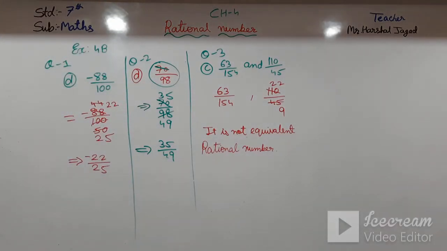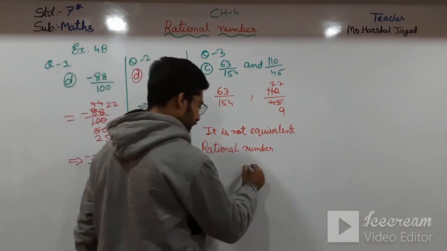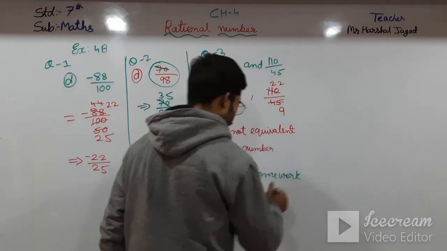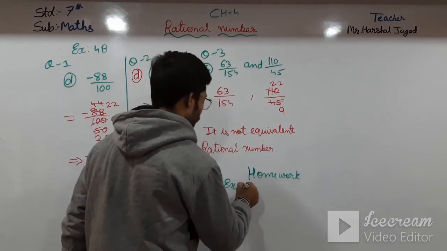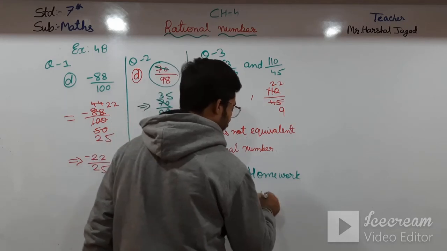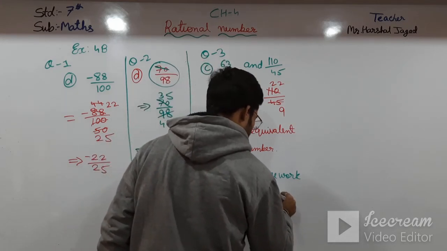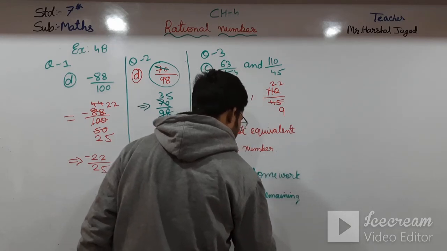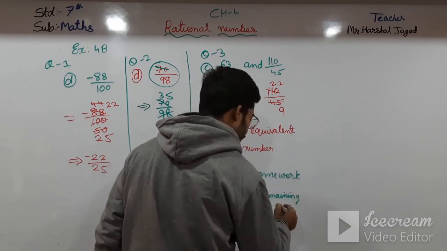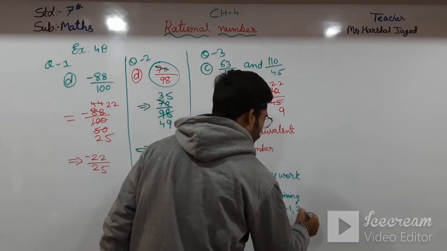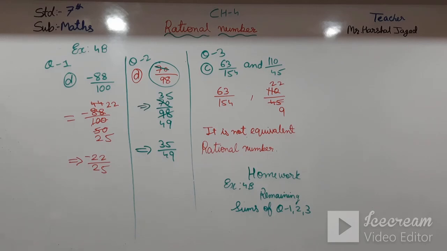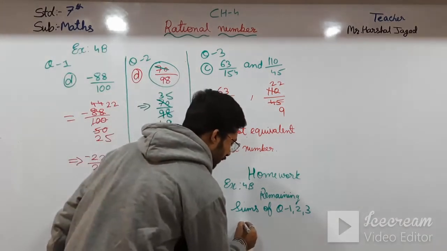Please note down this, and your today's homework is exercise 4b, remaining sums of question 1, 2 and 3, and also just try to do question number 4.